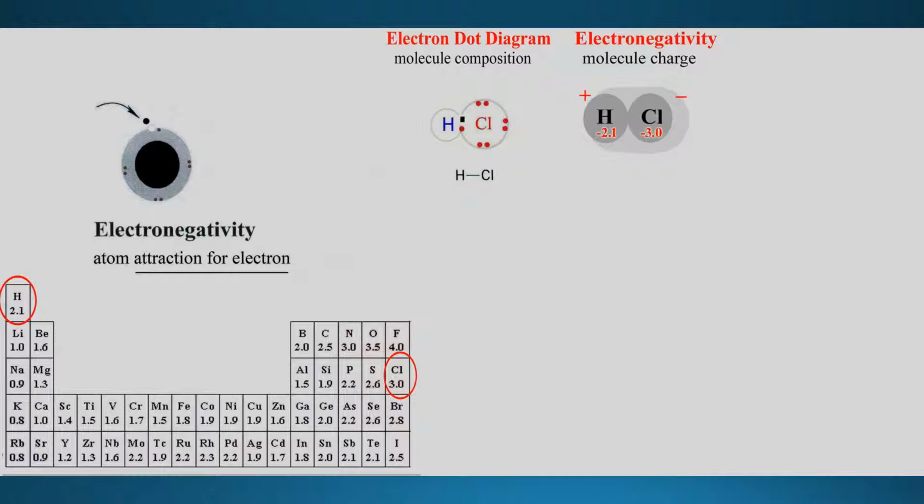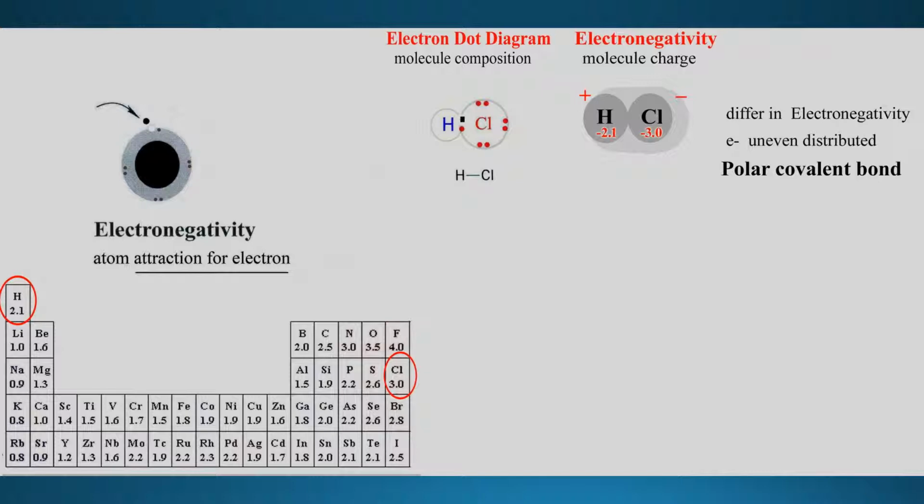Now it becomes a charged molecule. It becomes a polar molecule. So when you have two atoms that differ in electronegativity, one strong, the other weaker, the electrons will be unevenly distributed.